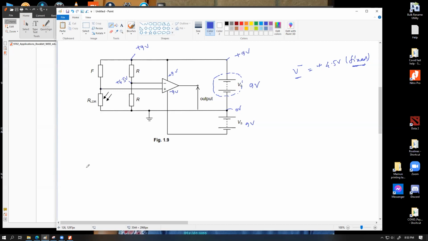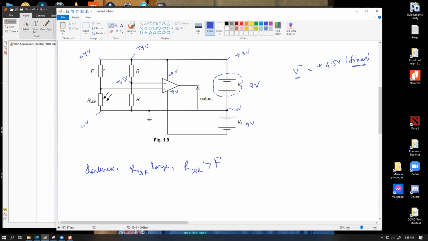Let's say in darkness, our LDR resistance will be large, which means if you consider the voltage distribution between them, let's consider that our LDR is bigger than the F. If this one has a bigger resistance and this one has a smaller resistance, which means when 9 volt will be distributed across these two parts, this one will get a smaller portion of the voltage, this one will get a bigger portion of the voltage, which means this starting point above is actually plus 9 volt, this ending point is actually 0 volt.